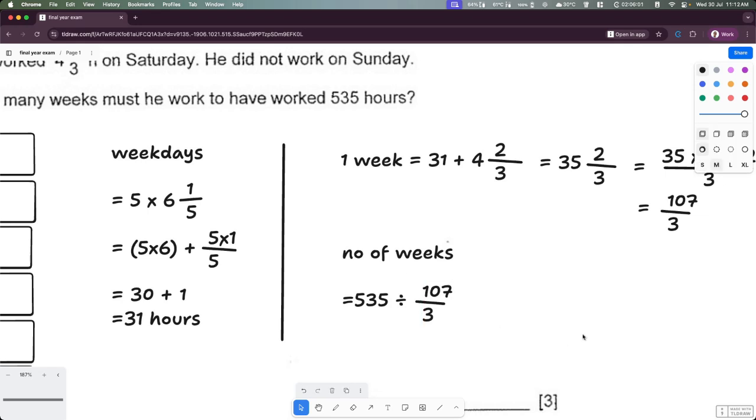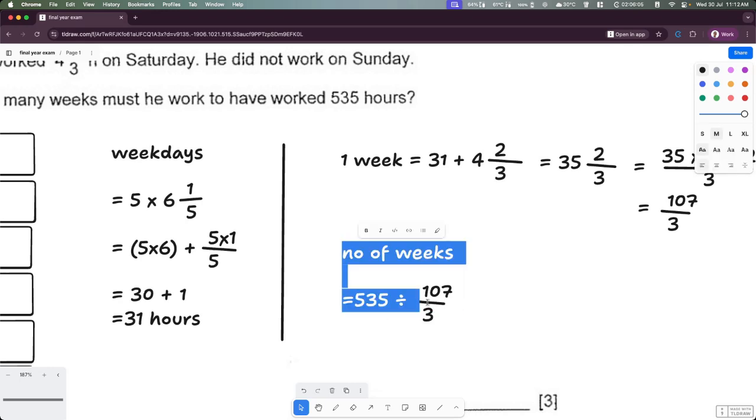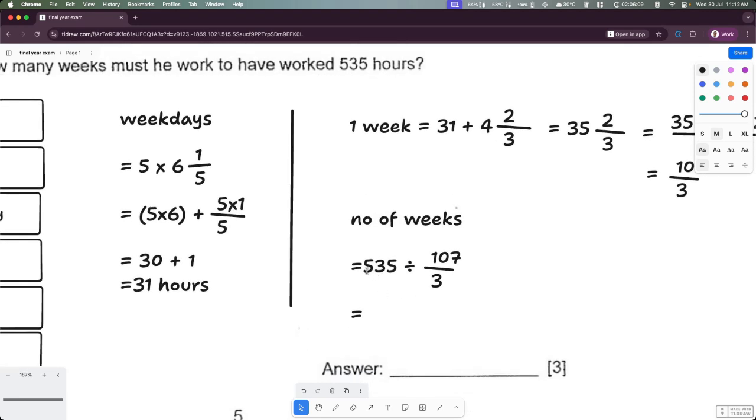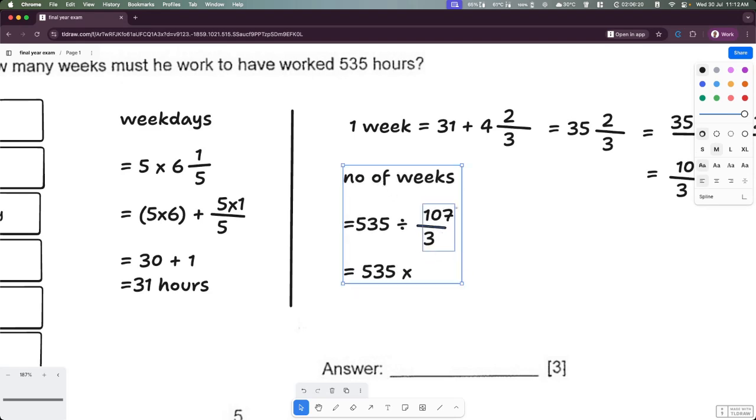So what we can do is, when you divide a fraction like this, it is the same as 535 times, but you switch it, right? So times, and then for this number of weeks, okay, over here I'm going to put it like this. So instead of 107 divided by 3, this will be 3 out of 107.